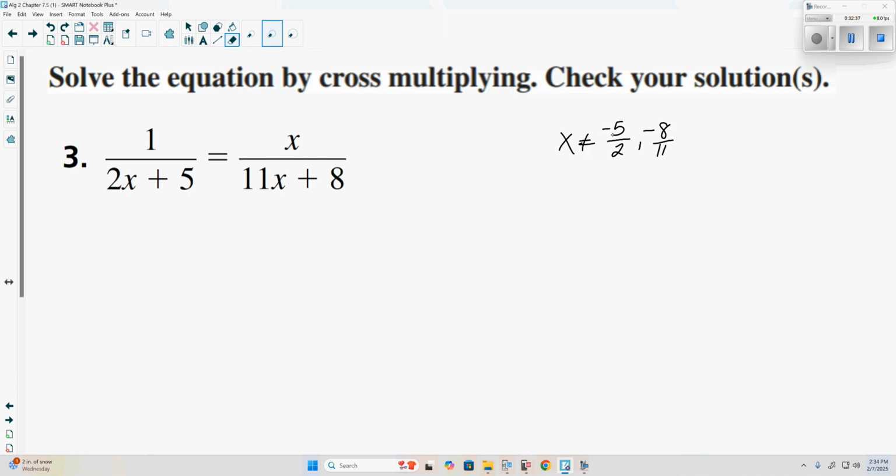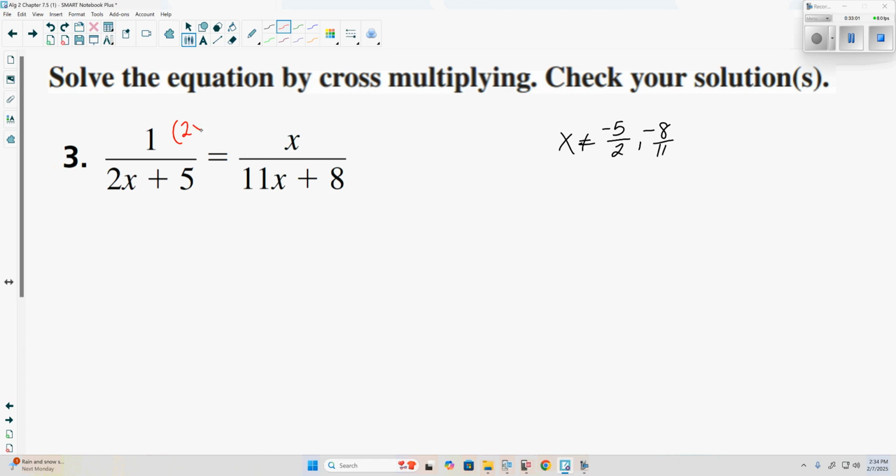Because really the denominators, 2x plus 5, we would subtract 5, divide by 2. 11x plus 8, we would subtract 8, divide by 11. 2x plus 5, no greatest common factor, we can't factor it. 11x plus 8, again, no greatest common factor, we can't factor it.